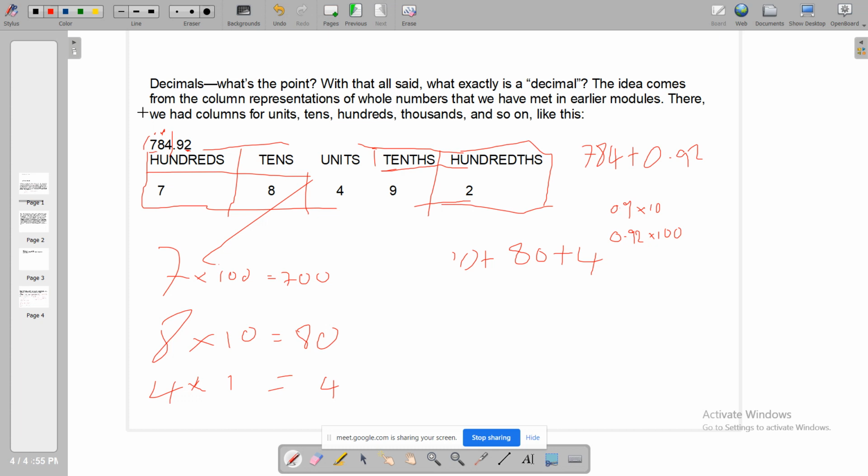Just after the point, the number is in the tenth column, and the one that follows is in the hundredth column. That's what I've done for you here. Do you understand? Are you okay?